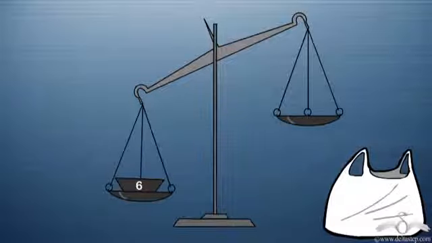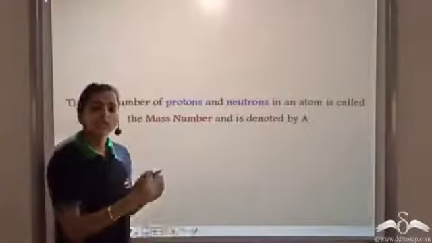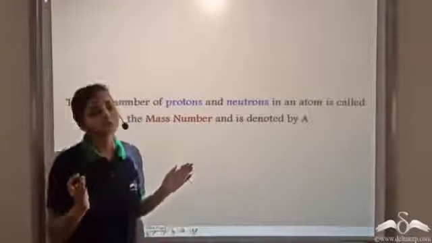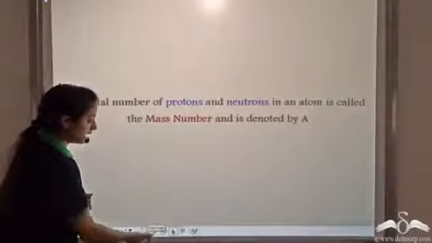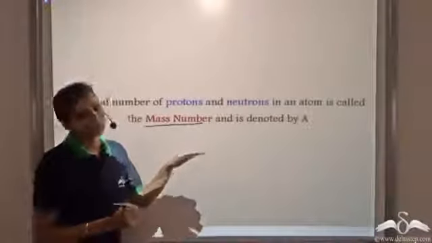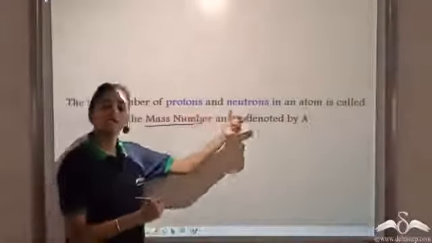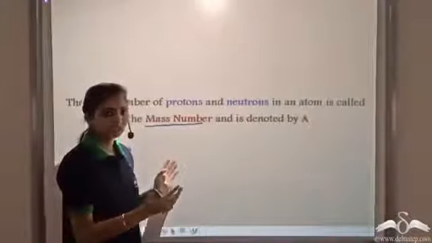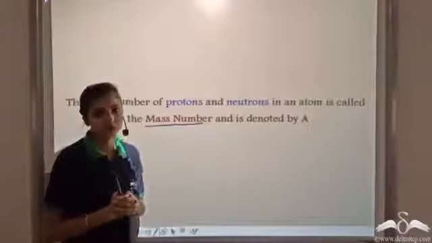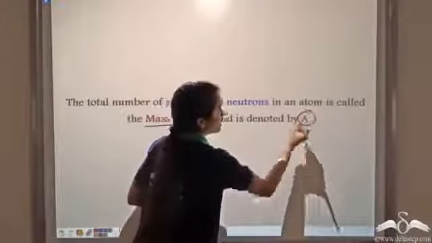Similarly, the mass of electrons is much less as compared to the total mass of protons and neutrons. That is why when we consider the mass number, we neglect the mass of electrons and we take the total number of the protons and neutrons which are present in the atom and not the number of electrons that are present in an atom. So this is denoted by the capital letter A.